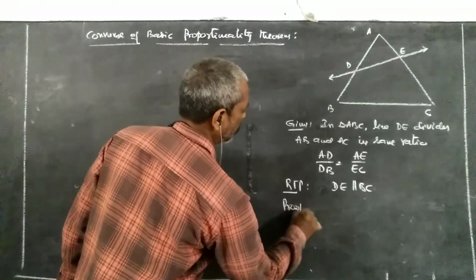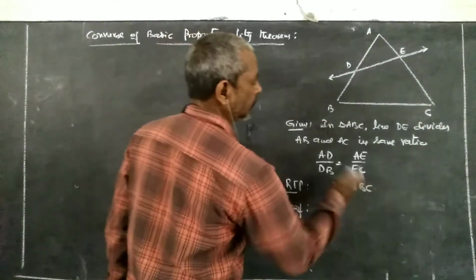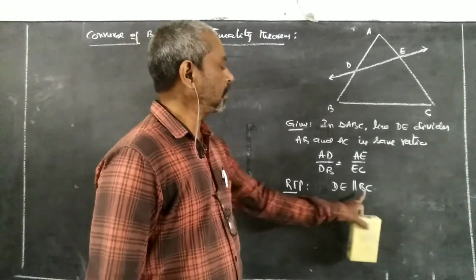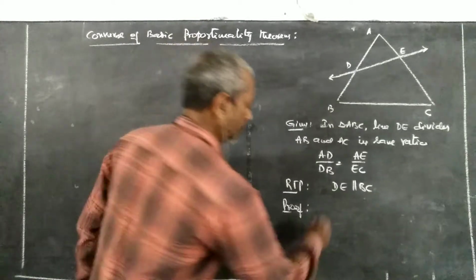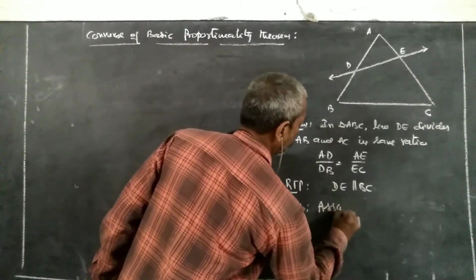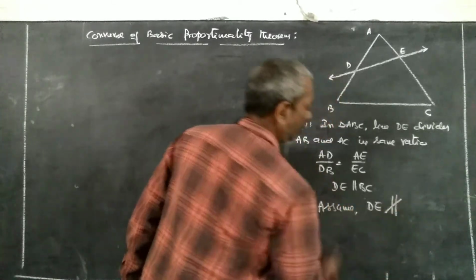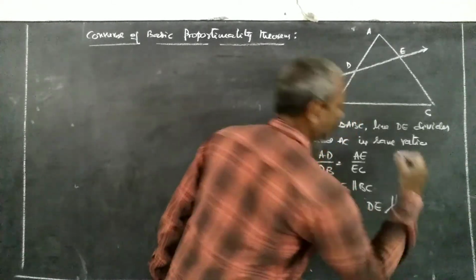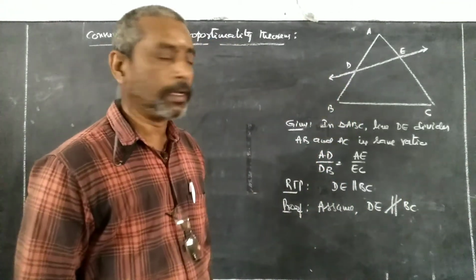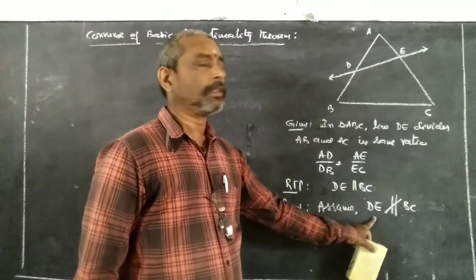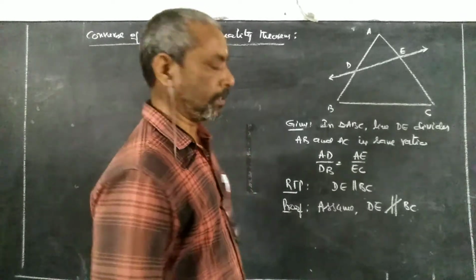Proof. To prove DE is parallel to BC, we assume DE is not parallel to BC. That means there is another line other than DE that is parallel to BC.